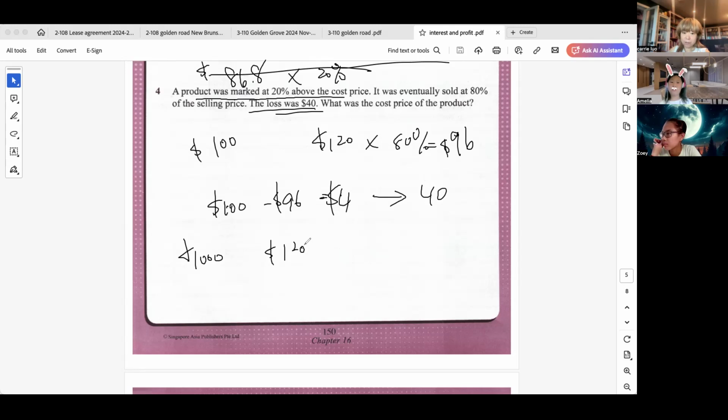I'm planning to sell for 1,200, and actually I'm selling for 80% of that. So that's why it's 960. So that's why 1,000 minus 960 equals $40. So now the answer is 1,000.